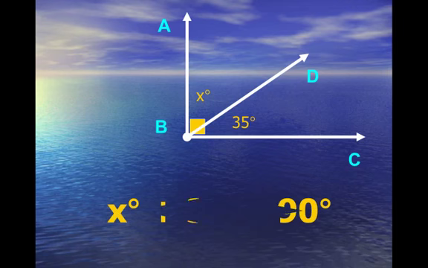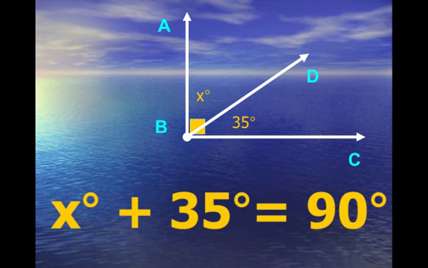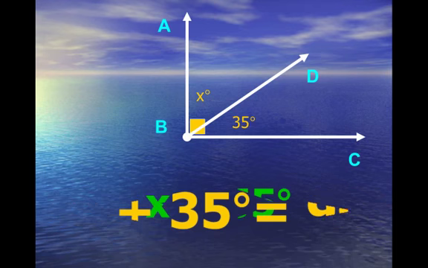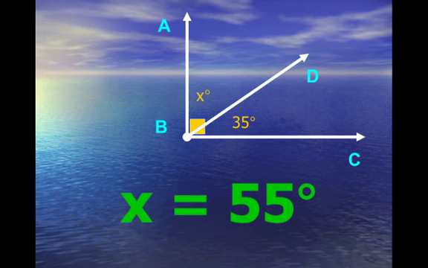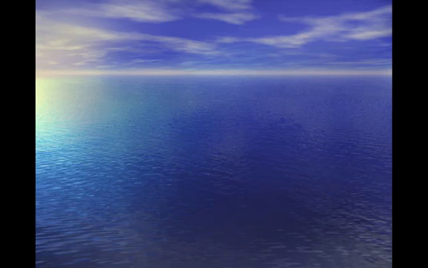And the name of the game with complementary angles is that the two angles inside need to equal the overall big angle, which is ABC, a right angle, 90 degrees. So now you're playing a game and saying, what number plus 35 makes 90? And when you solve this, the missing angle comes out to be 55 degrees. This is complementary angles. Two or more angles that add together to make 90 degrees.